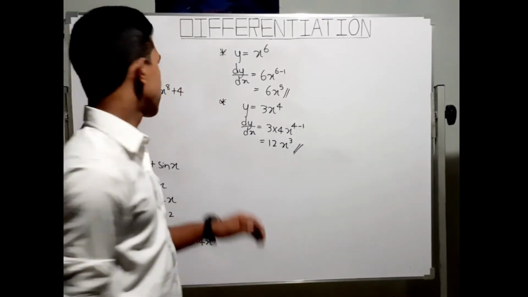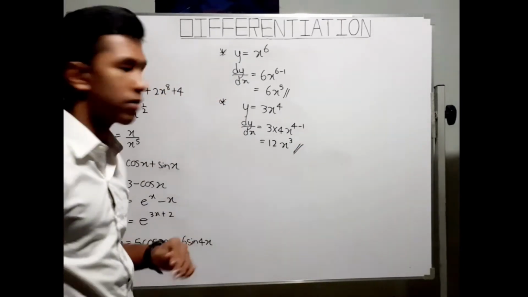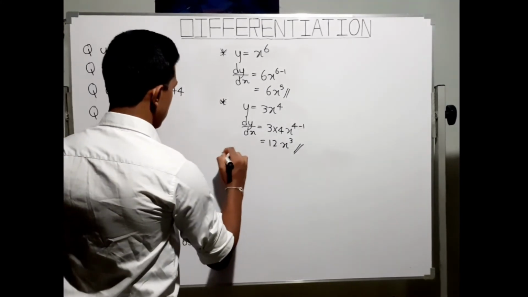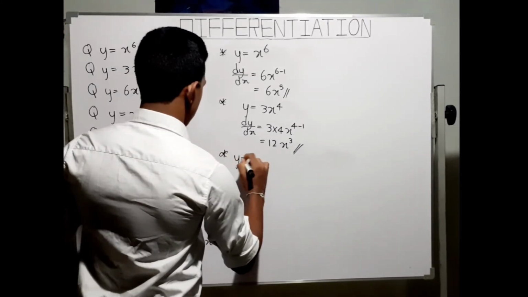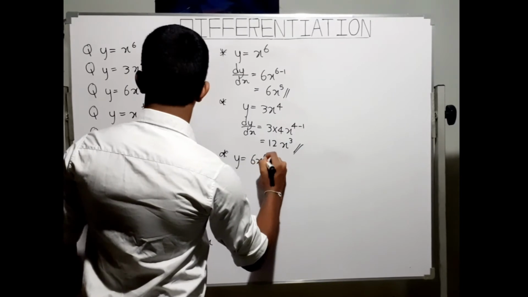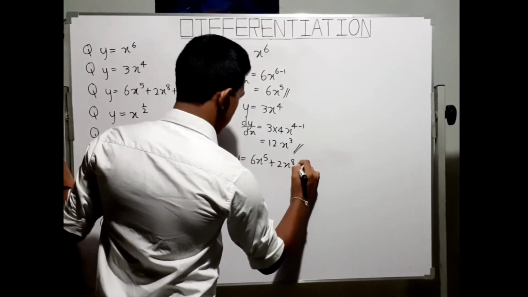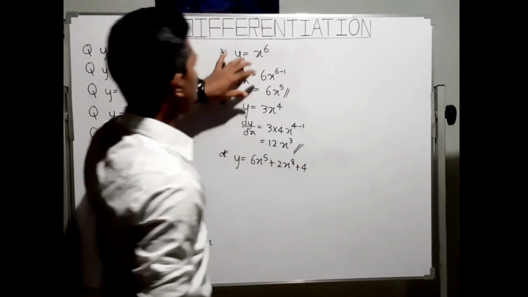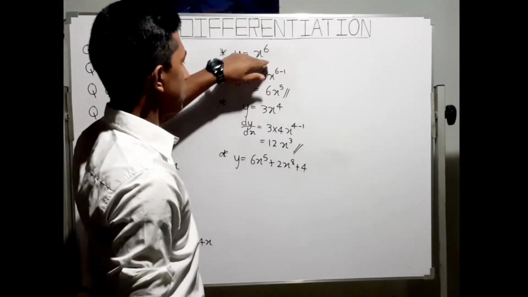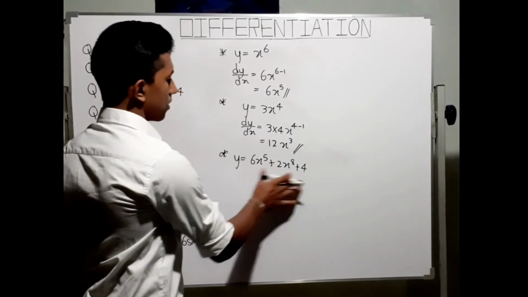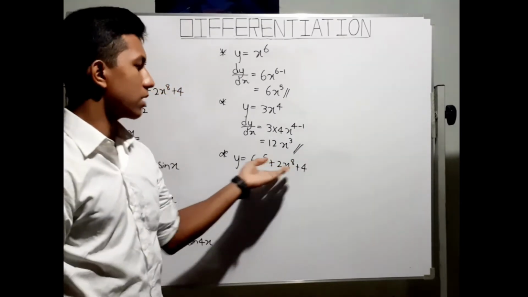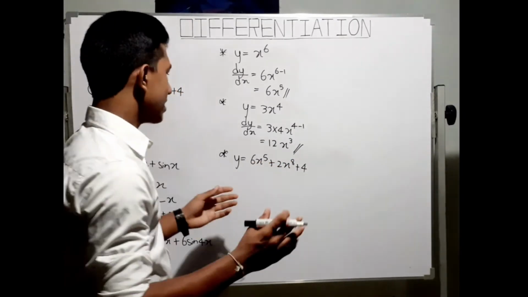Alright, so that's that. Now we'll move into the third question, which is y is equal to 6x to the power 5 plus 2x to the power 8 plus 4. Up to now you have differentiated single terms. But what do you do when you get multiple terms, 3 terms like this? It's really simple.